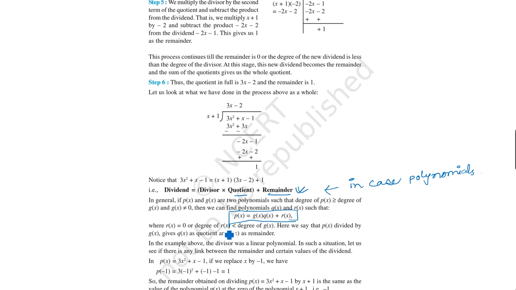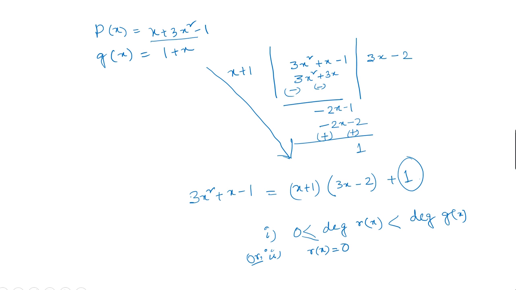And what is the condition on the remainder? The degree of the remainder is less than the degree of G(x), or R(x) equals 0. I have written it in the slide. That is this one.